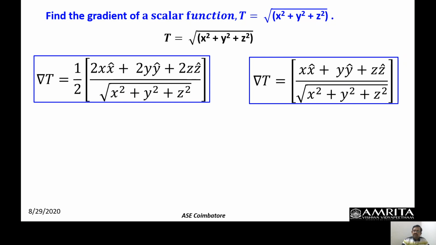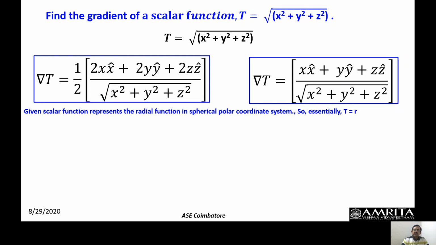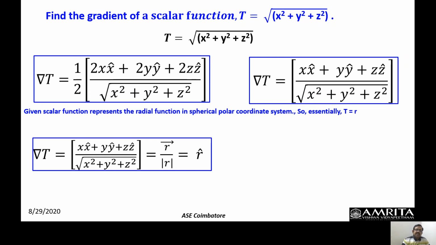So you take vector r dotted onto itself, and I will get the modulus. So you will get r hat. Now this result is not surprising because the slope is 1. The rate of increase of this function is 1 as we expect. The distance from the origin to the point increases most rapidly along the radial direction.